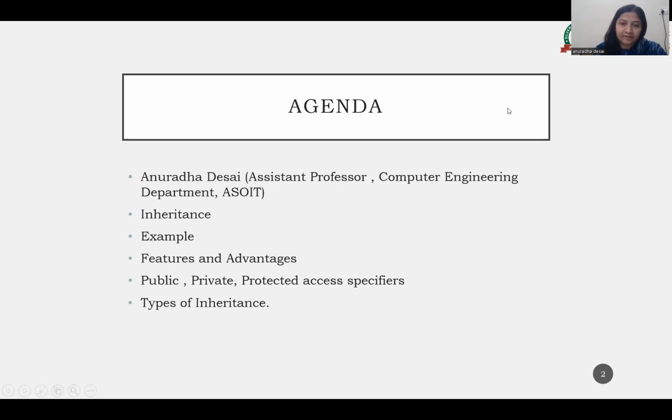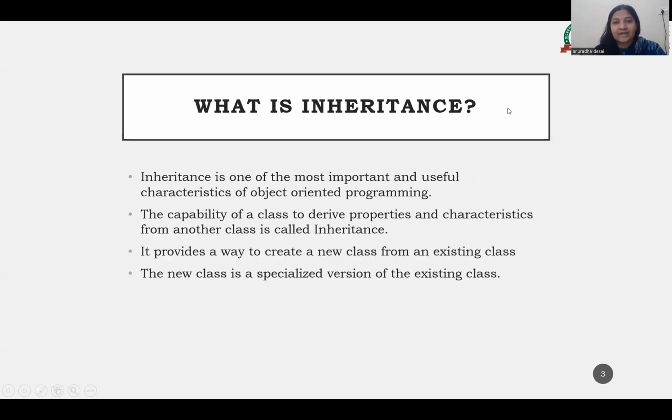So let's start with it. Now, what is inheritance? The capability of a class to derive properties and characteristics from another class is called inheritance. Inheritance is one of the most important features of object-oriented programming.